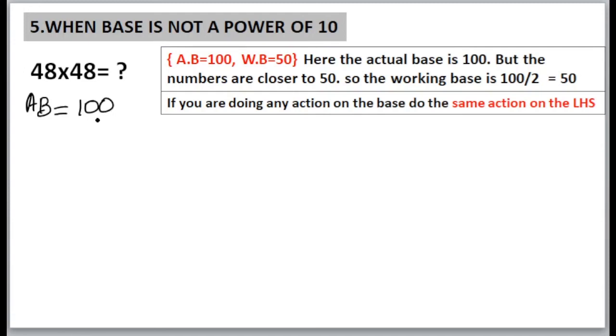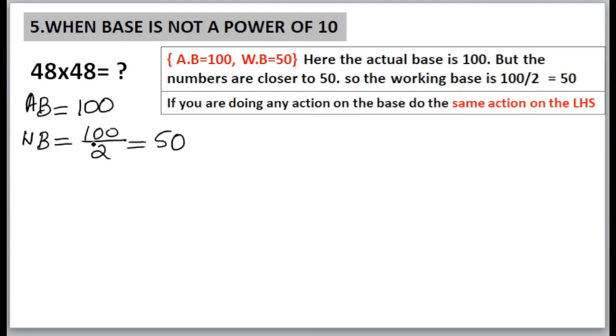But here the number is closer to 50. So we will consider it as a working base, that is 100 by 2. We will take the working base as 50. The original base is 100, but the working base is 50. In the previous method, we changed the original number.